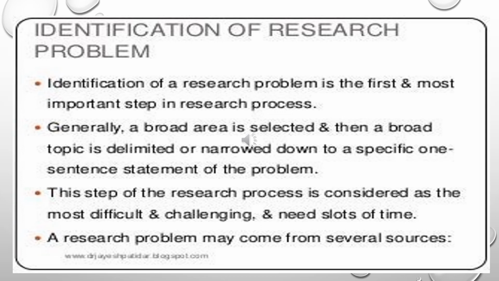Before we finalize the selection of the topic, we have to go through a number of articles in the review of literature. Then finally we choose our topic, based on our knowledge, experience and interest. This step of the research process is considered the most difficult and challenging and needs lots of time. A research problem may come from several sources.